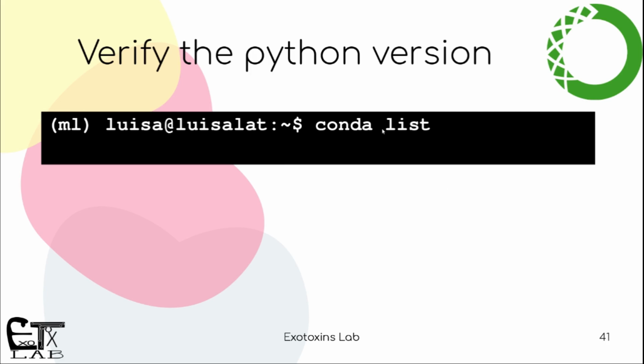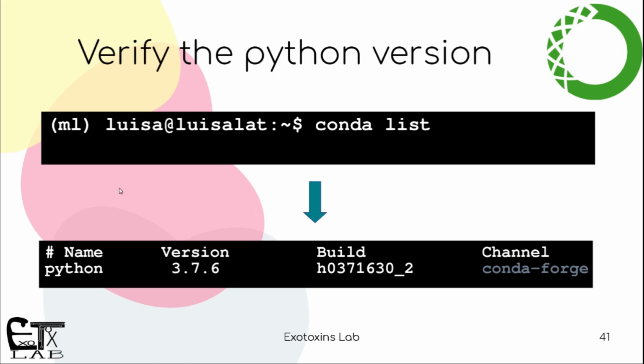So you do conda list, and it will list all the programs being used in that environment. You look at the long list of files and programs, and you will see there are four columns: the name of the program, and the version, where we said 3.7 and it took 3.7.6, which is fine.